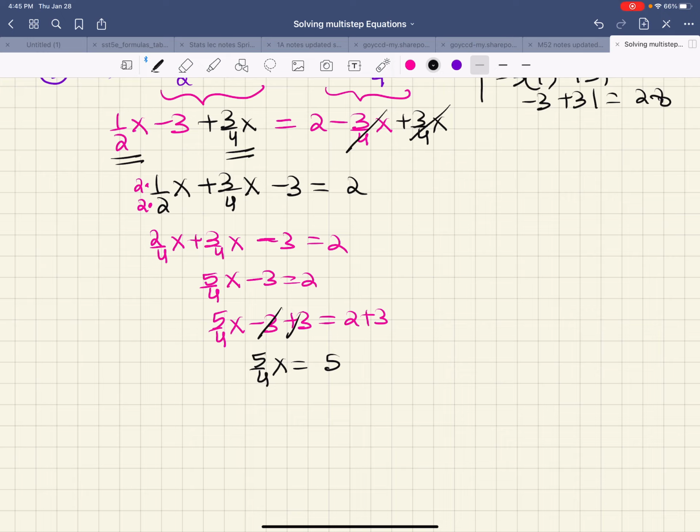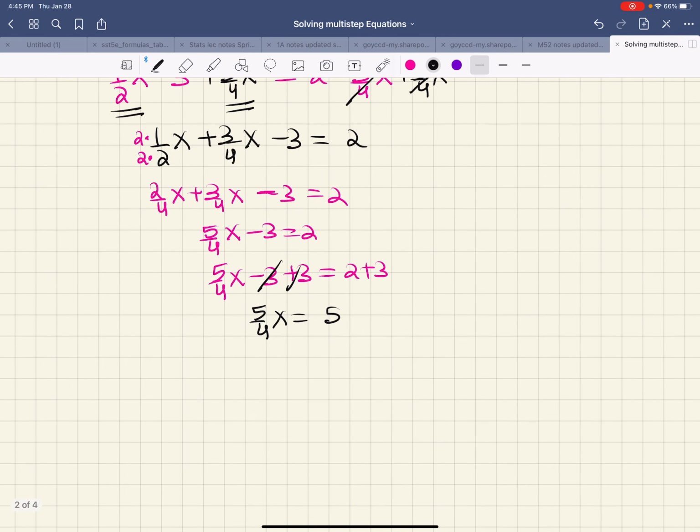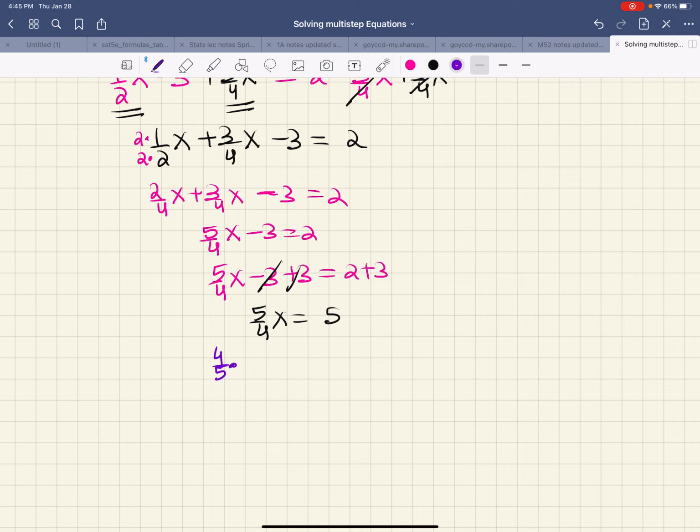Now next step, the 5/4 is being multiplied with x. To undo the 5/4, I'm going to multiply both sides with the reciprocal of 5/4, which is 4/5. So multiply both sides with 4/5. If you multiply both sides with the same thing, you are fine.